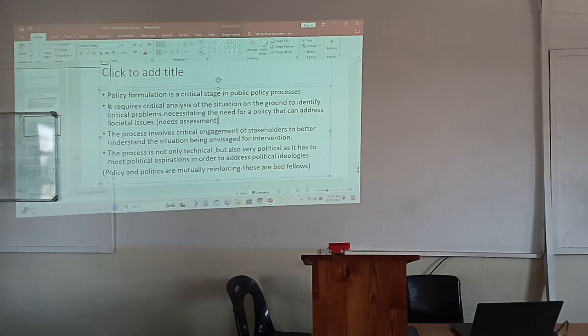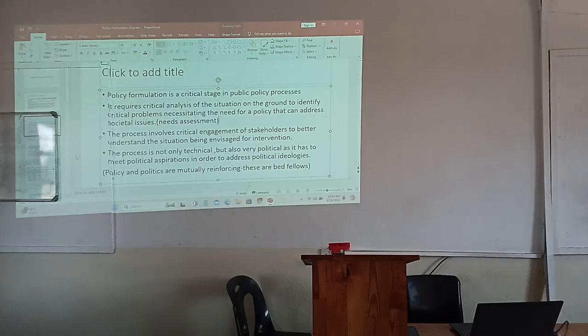This is where you deal with issues of identification of stakeholders. This is where you deal with issues of critical analysis to get the evidence, to prove that you need a policy, to prove that there's a problem that the public would require to have addressed. Now, when it moves up, that policy will always go to the executive, and it will be the cabinet.